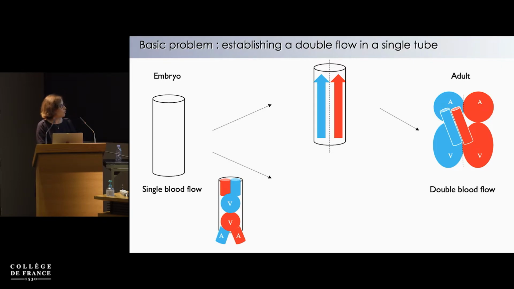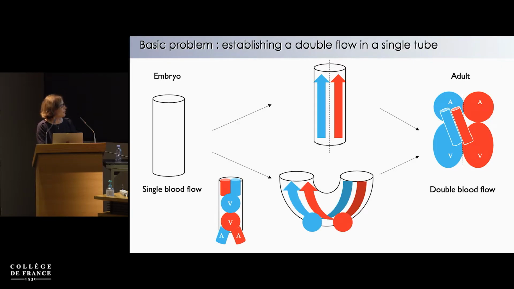So that to reconstruct the double blood flow, it is absolutely essential to remodel the shape of the heart tube so that you can align the pieces of the puzzle together. And my laboratory is very interested in the mechanism driving the tube remodeling and how these mechanisms are potentially involved in congenital heart defects.